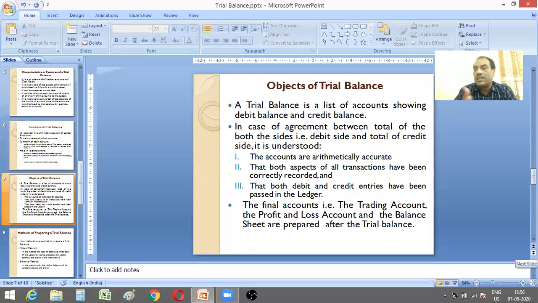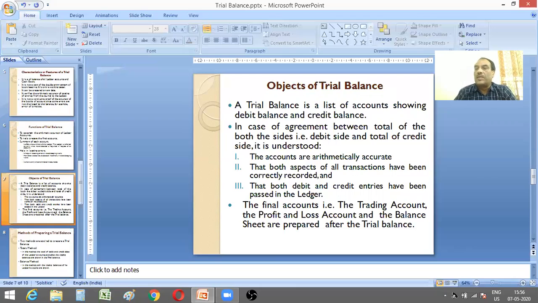And what are the objectives of trial balance? A trial balance is a list of accounts showing debit balance and credit balance. It is a tool to ascertain the entries recorded in journals and ledgers by following the debit and credit rules. So it helps in ascertaining those accounts.